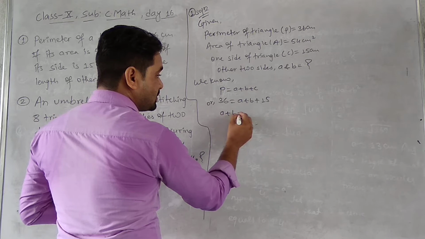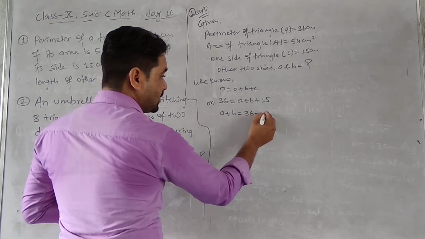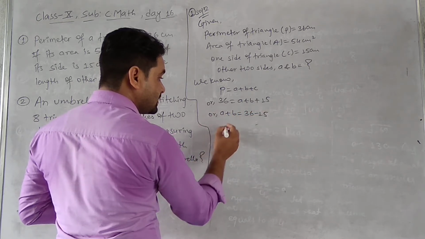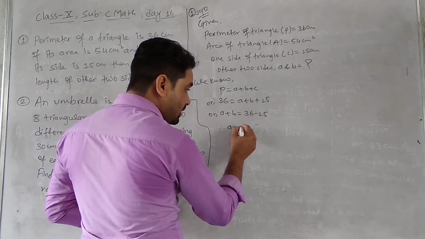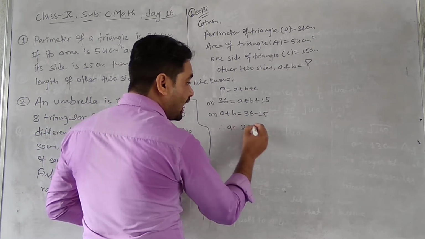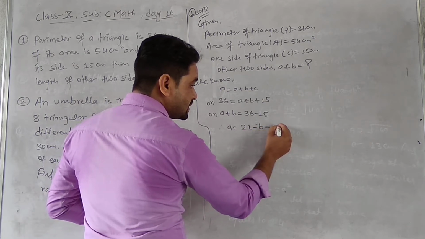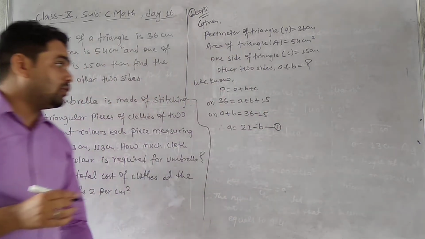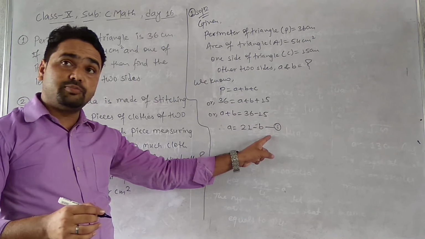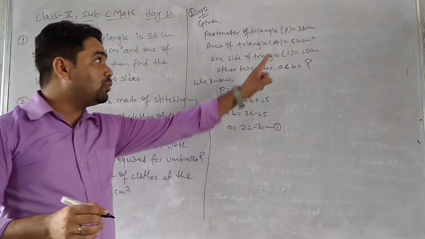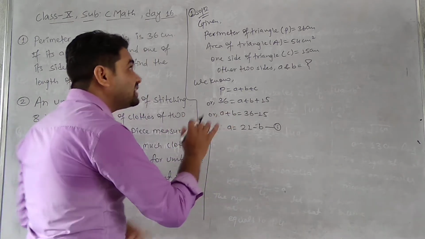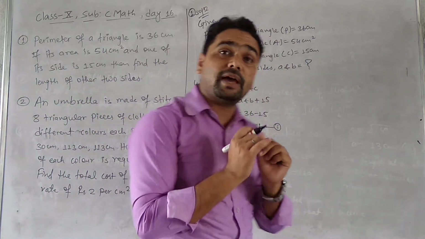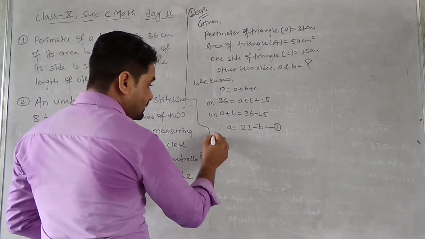Therefore A plus B equals 36 minus 15, so A plus B equals 21, and A equals 21 minus B. We can find the value of A in the form of B, and we have the value of C.